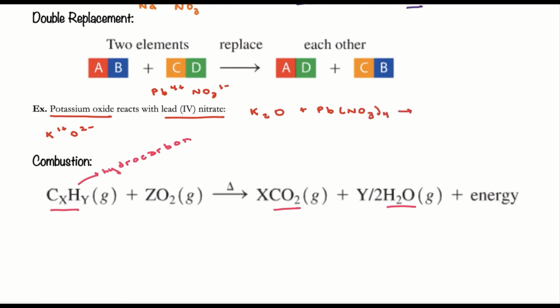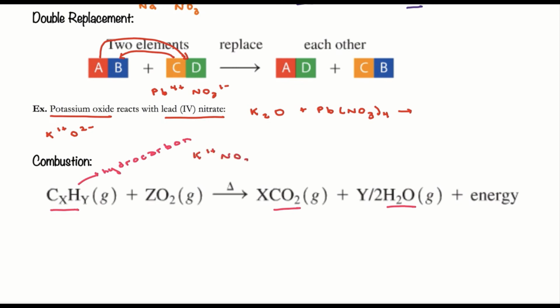So notice here, now A and D will form a compound, and C and B will form a compound. Okay? And again, we're going to spend a couple of lessons on double replacement reactions, but following this up above, what I know is that potassium will now form a compound with nitrate.